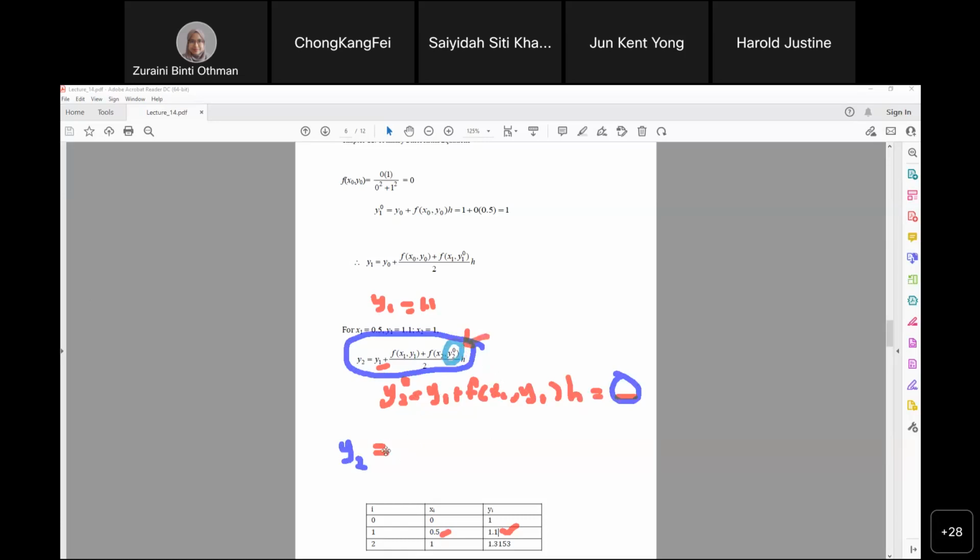Okay, then we get the value for Y2 dan formula di atas. Nanti dapat 1.3153. Any question for that?